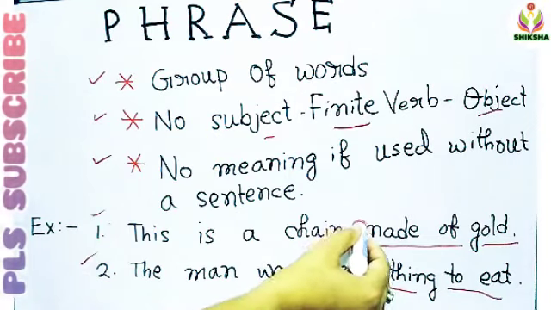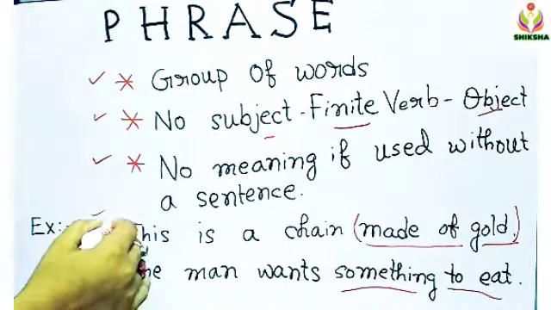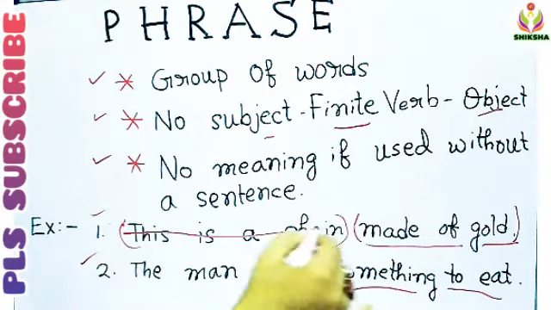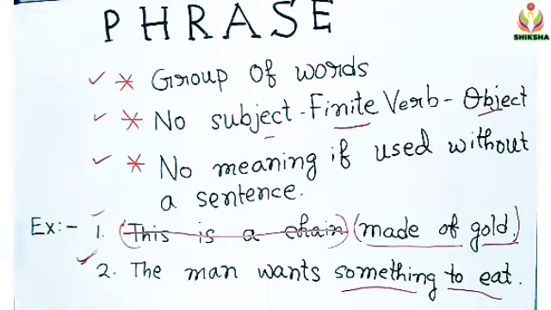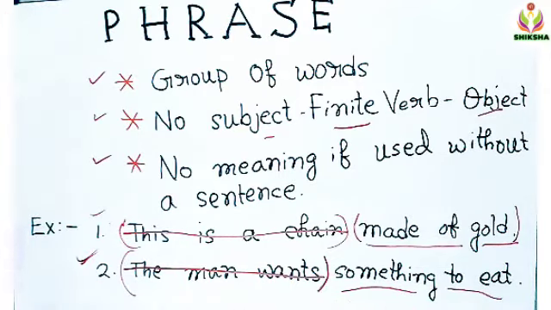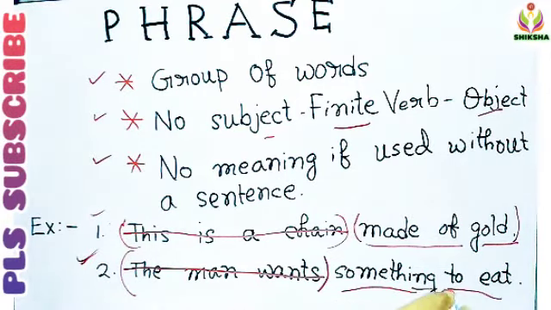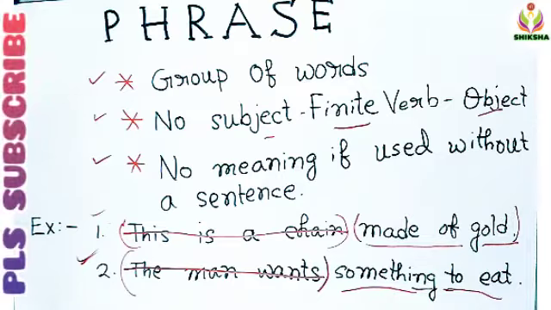But if we use this part alone, that means without the sentence, if I cut this underlined part, it does not make complete sense. Similarly, in the second sentence, if the underlined part is used out of the sentence, these underlined parts are unable to express any complete meaning. So these are some examples of phrases.